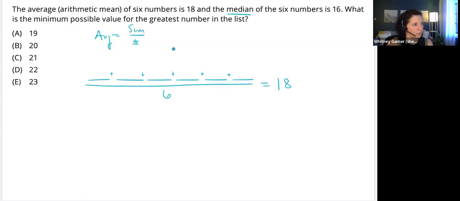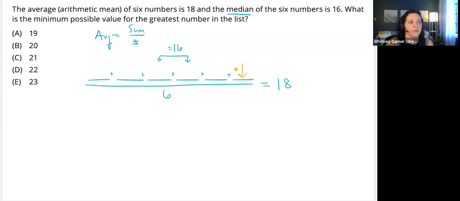The median, meaning right here, the halfway, right, the numbers is 16. So if I made this the biggest number and this the smallest, I want to minimize this number. I want to make that number as small as humanly possible.